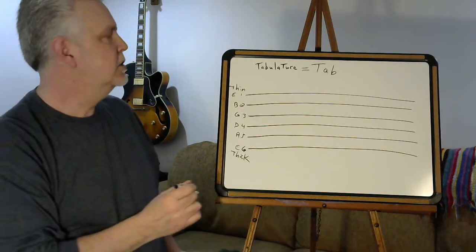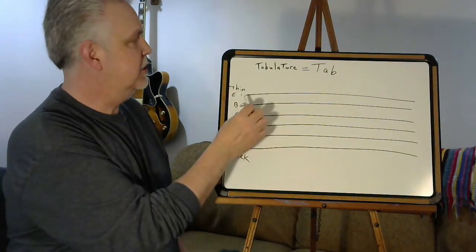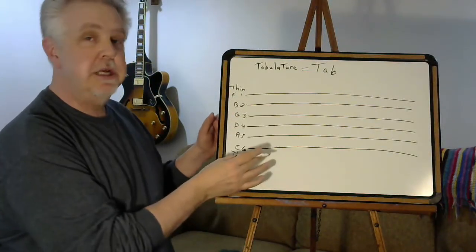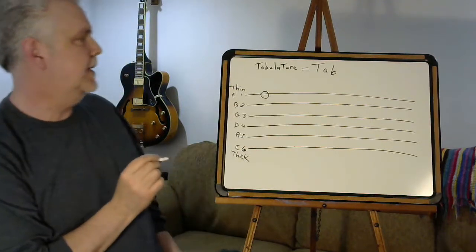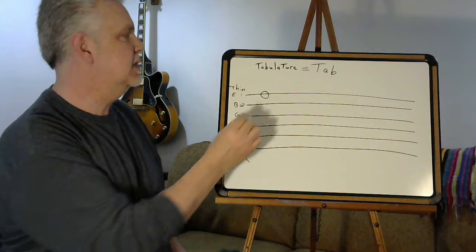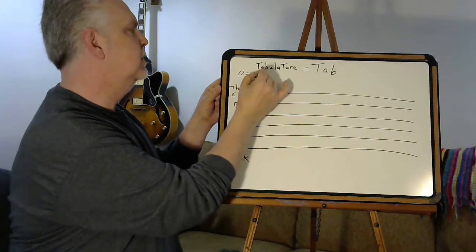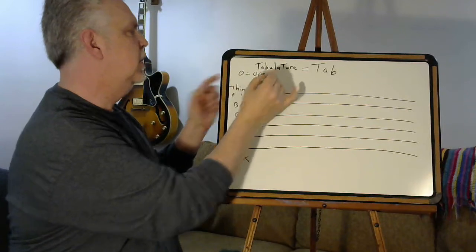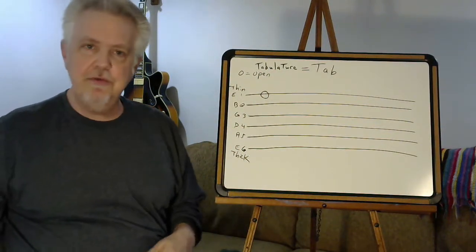For instance, if you have a piece of music, you're going to see all 6 lines. If you have a circle there, a circle means open. That means you don't press anything. That's an open string, unfretted.